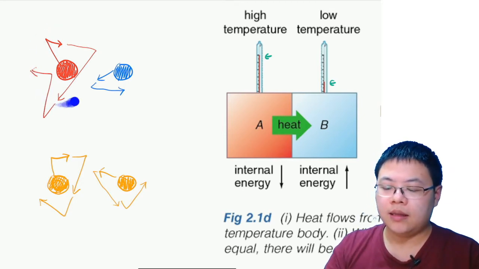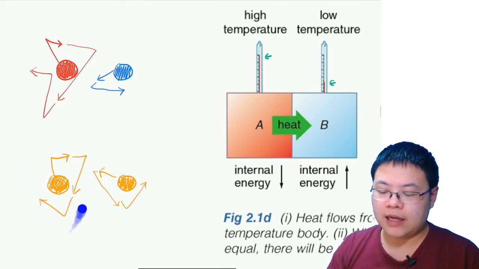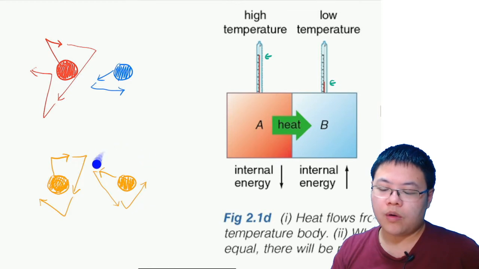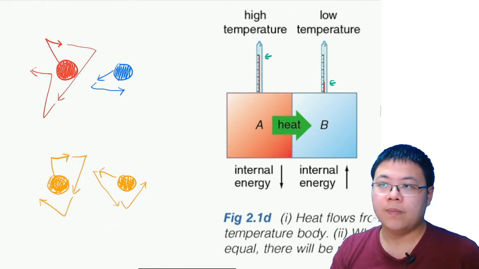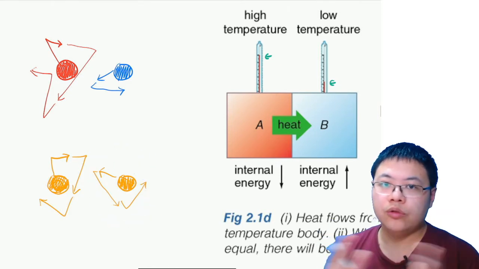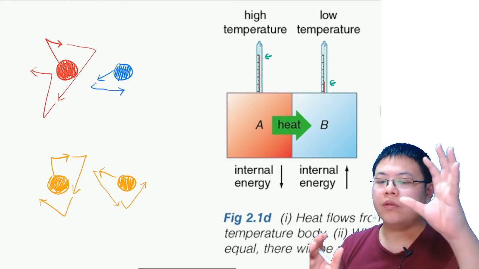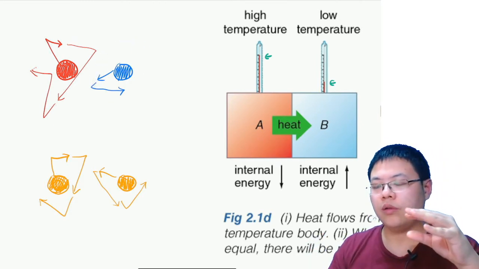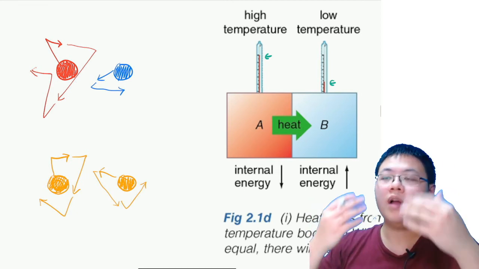And then after losing some energy, the fast one becomes less fast, and this slower molecule will gain speed, and this will continue to happen. The fast one will go slower and slower, the slow one will go faster and faster. When will it stop?